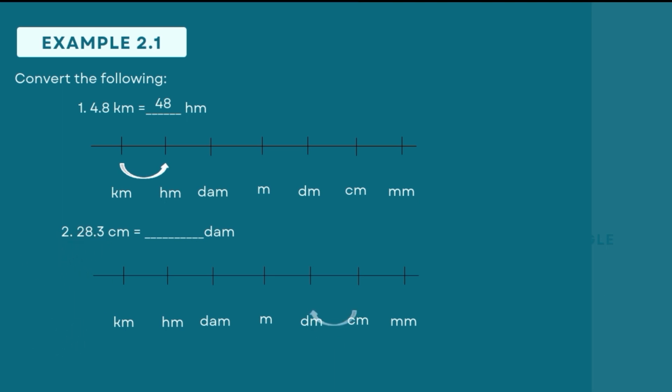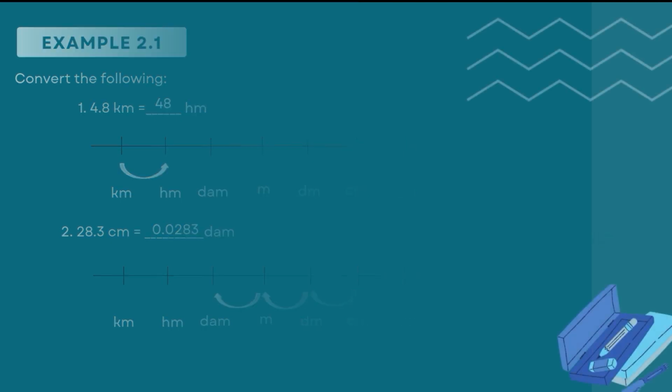So from centimeter to decimeter, and decimeter to meter, and meter to decameter. Therefore, 28.3 centimeter is equal to 0.0283 decameter. And that is how we convert for the metric system.